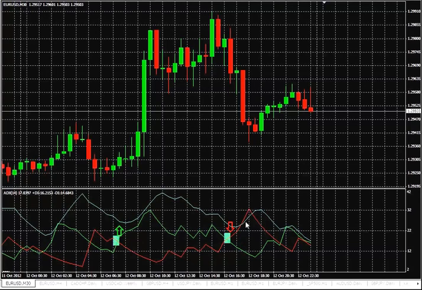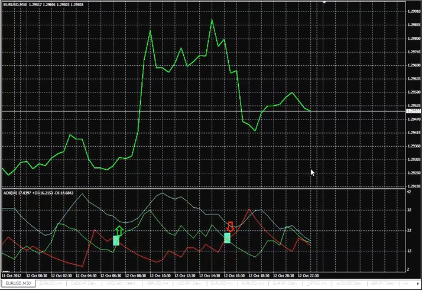Use this tool, it is excellent. Just practice a lot with your demo account first. Practice with many time frames, not only one. Practice with many pairs, not just Euro US dollar. If you want to simplify your chart even more, use the trick that I love to use: instead of the candlesticks view, I use the price line view.